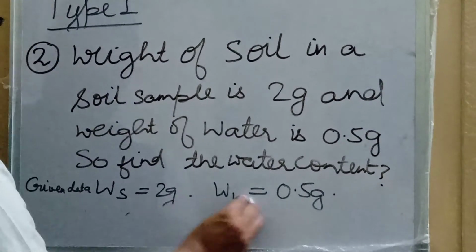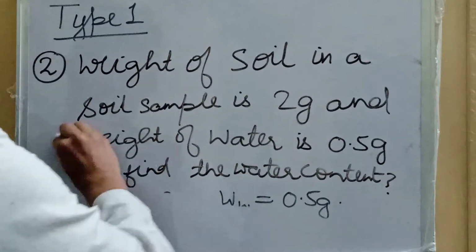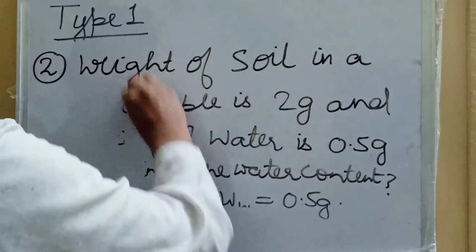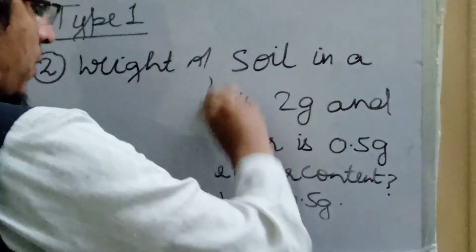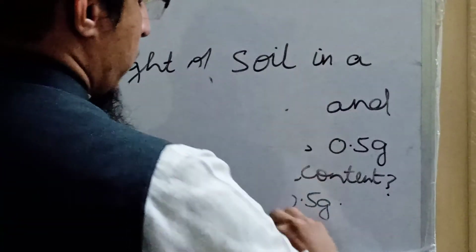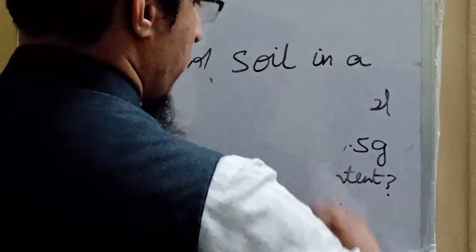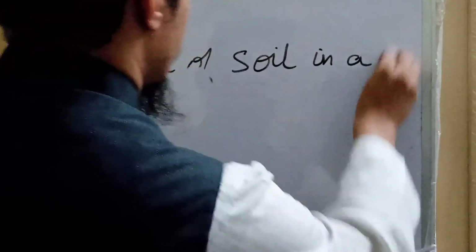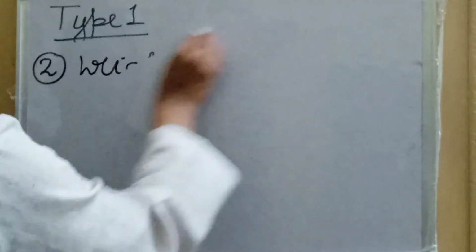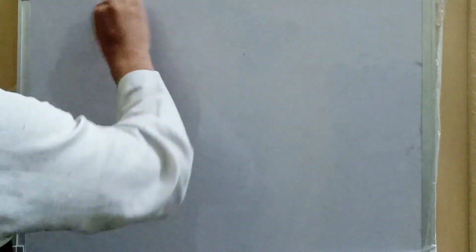For more details on this type of numericals and more numericals of this type, I have given the reference to the books in the description box. You can check them out. One is from Gopal Ranjan, that is a very good book for these type of numericals, and another one is from Karl von Terzaghi, father of soil mechanics.